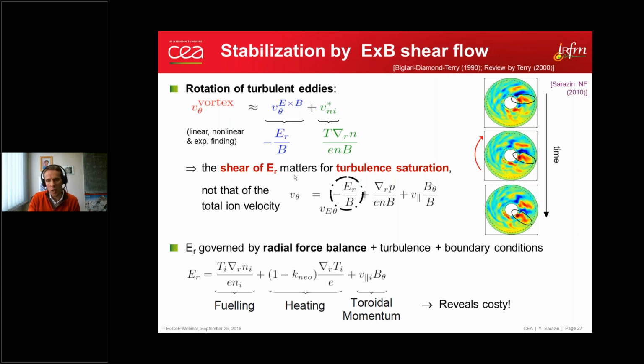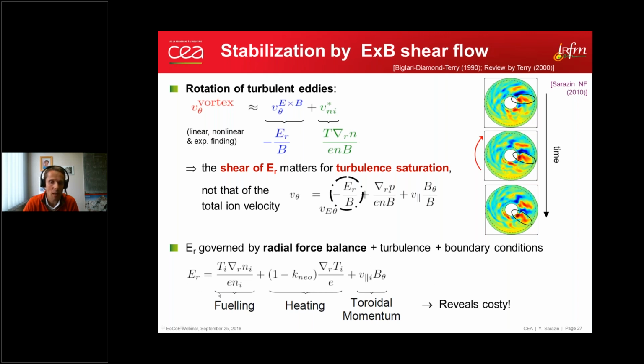And so shearing this radial electric field, or shearing the poloidal velocity of turbulence, tends to decrease turbulence and then to stabilize turbulence. Zonal flows are one way of generating this sheared radial electric field, but as I said, radial force balance is also another way.